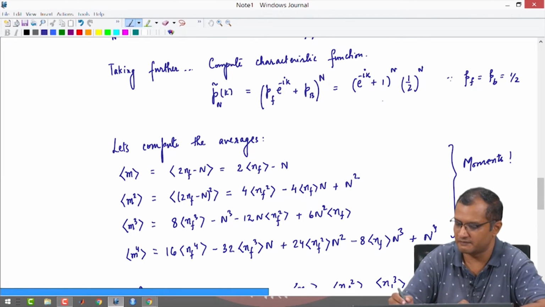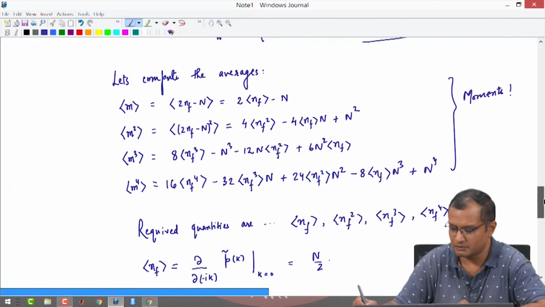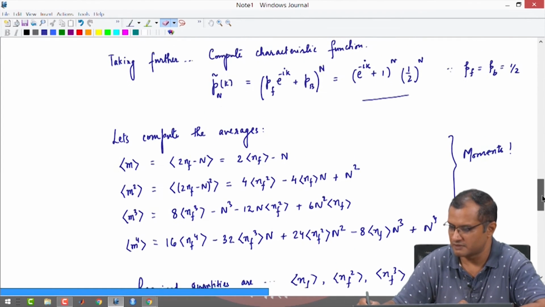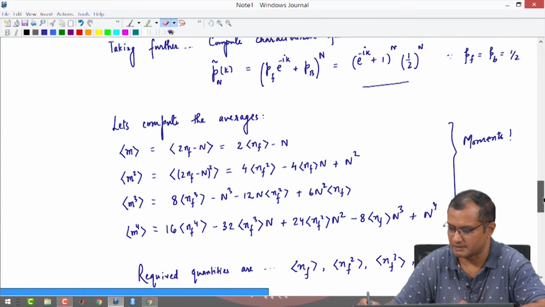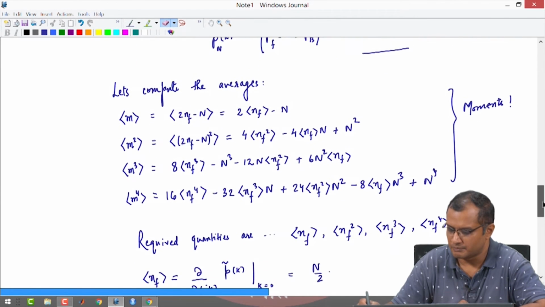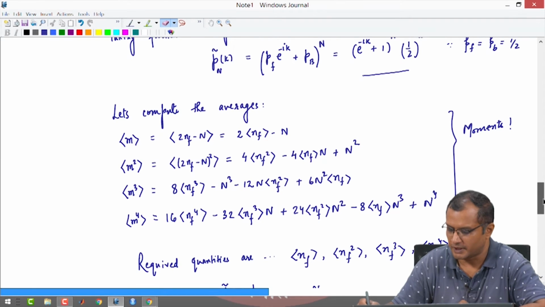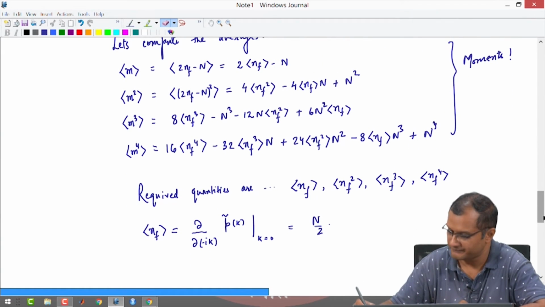So, you already have the value for p n of k, and from here if you want to compute you can compute it directly. Okay, so, you can take the derivative with respect to k and get the answer. So, that would be the answer for NF.